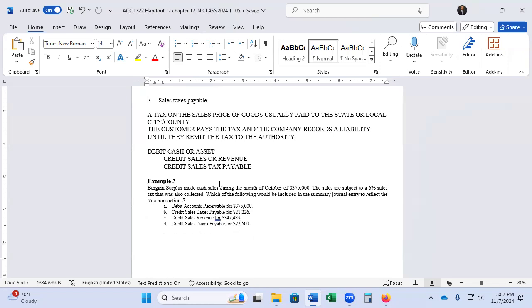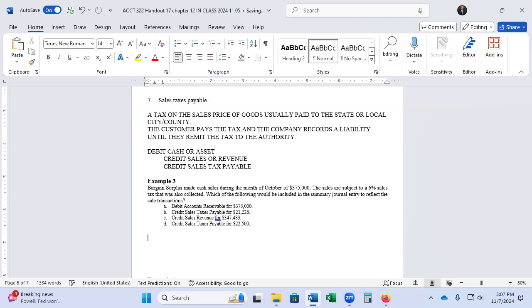Example 3: Bargain Surplus made cash sales during the month of October for $375,000. The sales are subject to a 6% sales tax that was also collected. Which of the following would be included in the summary journal entry to reflect the sales transaction?